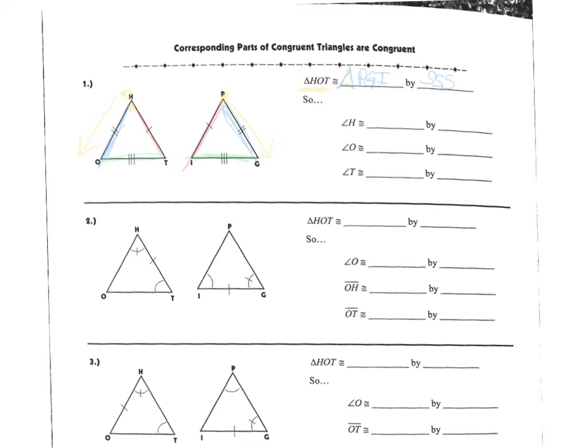And so now we're going to look at what's congruent. So angle H would be congruent to angle P. Angle O would be congruent to angle G. And then angle T will be congruent to angle I. And all of this is going to be by corresponding parts of congruent triangles are congruent.